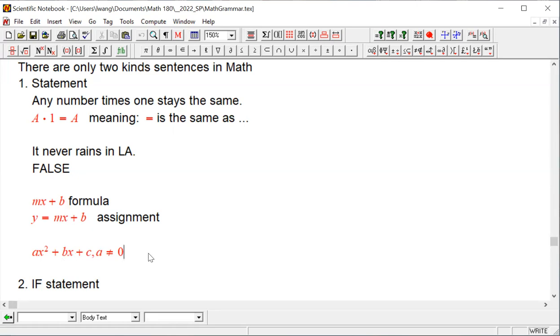That's a formula again. You might have seen this before, right? And what else? We will tell you a, b, c are real numbers.